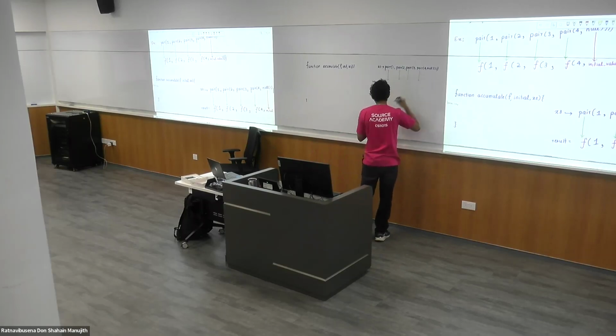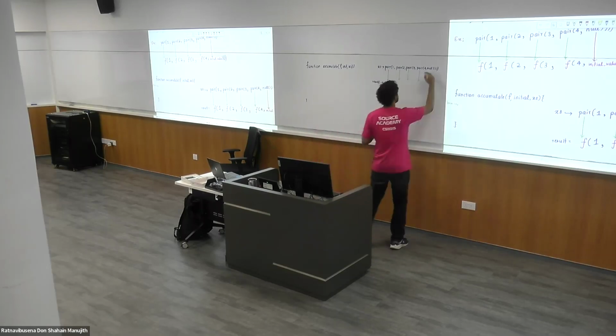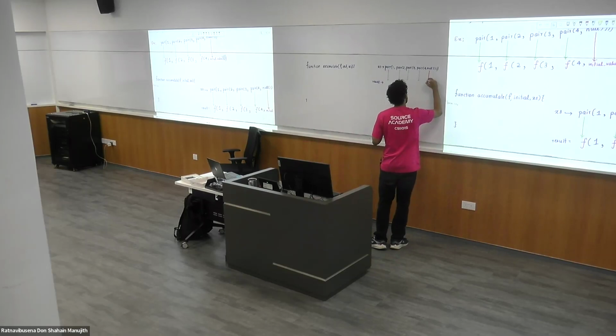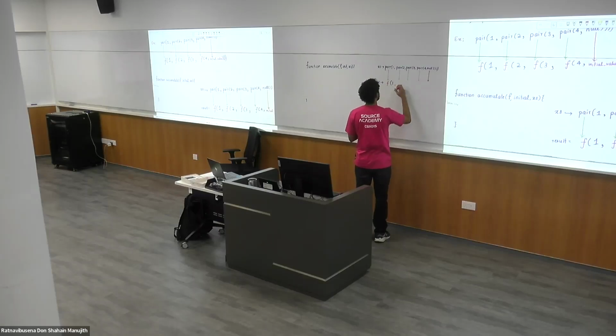That is what accumulate does. So this one would become f, and then we have a bracket, then we have f here.